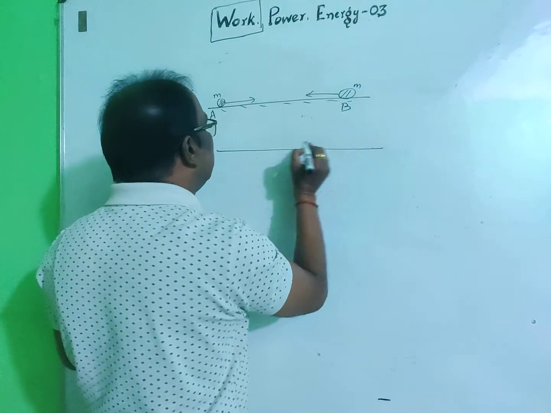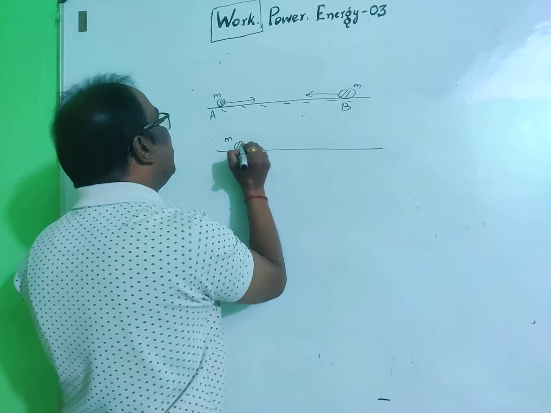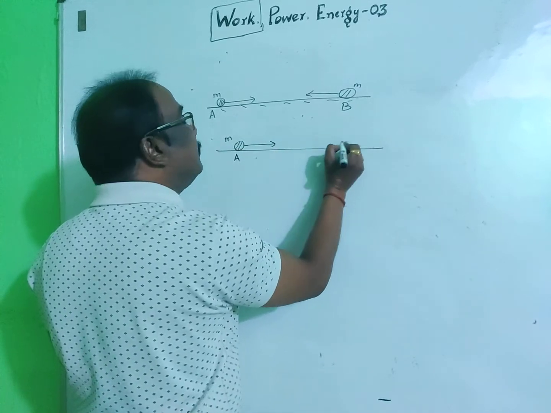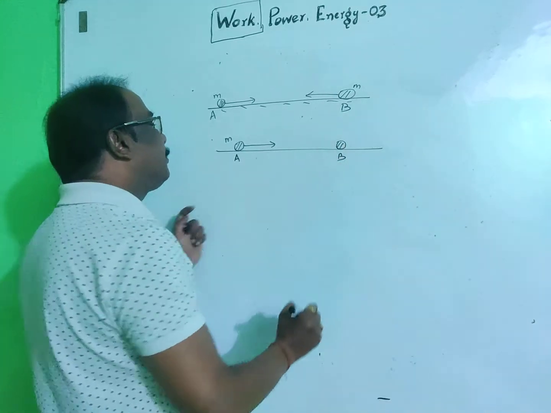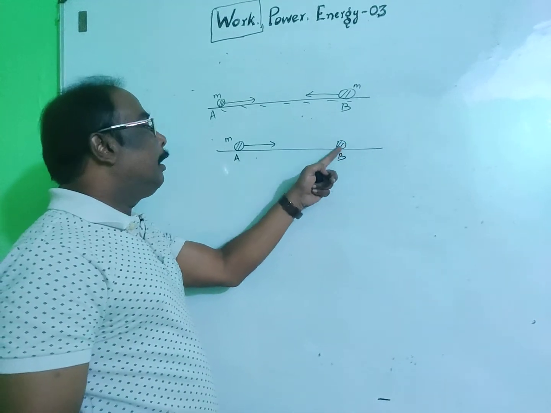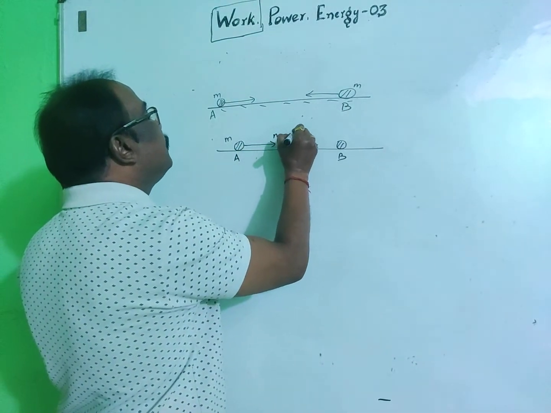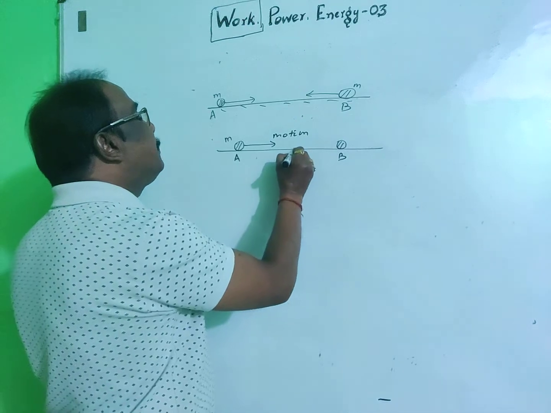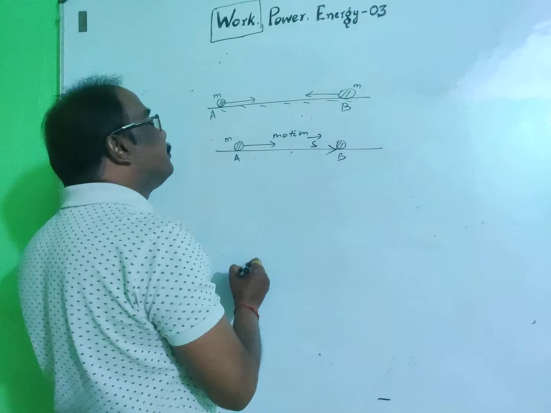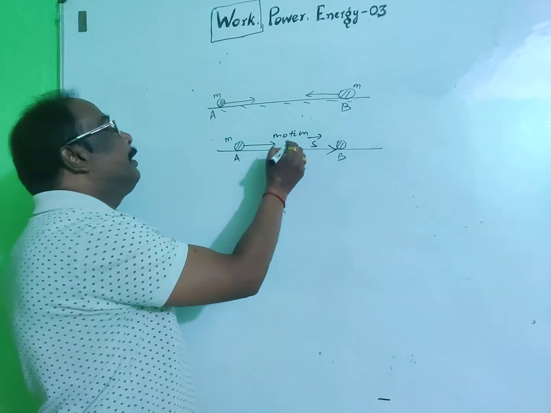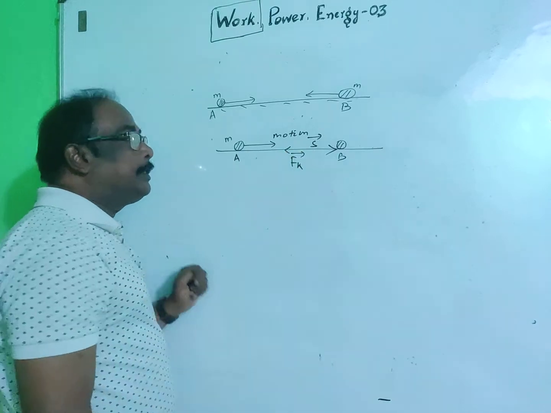I am showing it in a different diagram. This is position A, this is the body of mass M. It is moved from A to B, then it returns from B to A. This is the direction of motion. Let the displacement from A to B be S. When the body moves from A to B, kinetic friction opposes its motion.